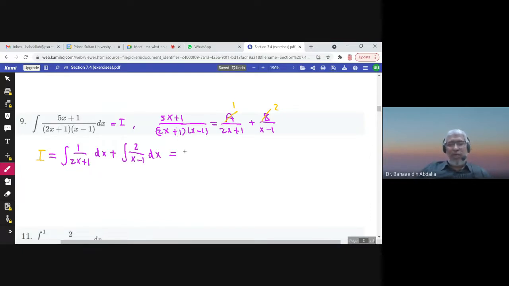So the integral of 1 over 2x plus 1 is ln absolute value of 2x plus 1 over 2. Do not forget the derivative of 2x plus 1, plus 2 ln x minus 1 plus c.